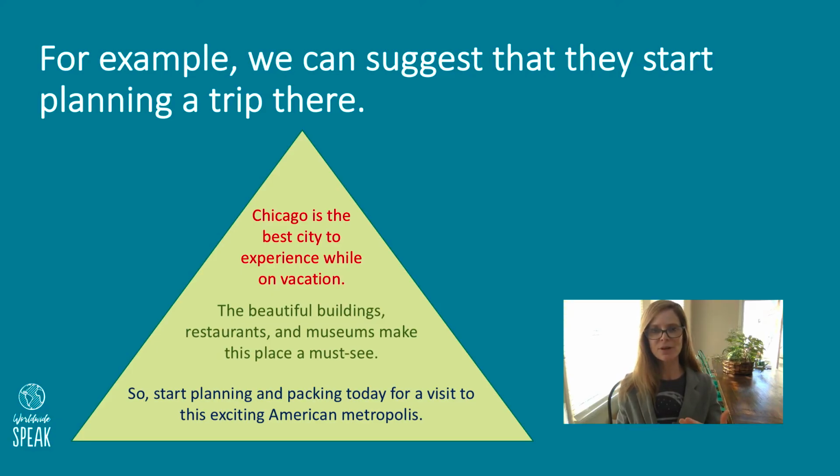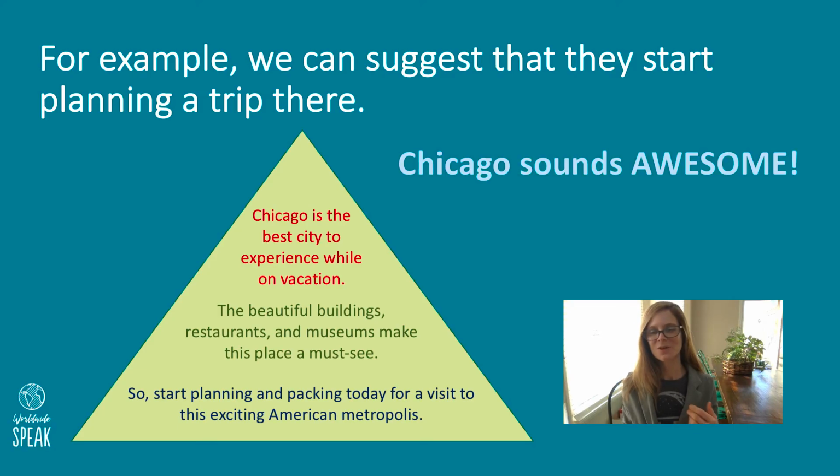They might never plan a trip to Chicago or even go to Chicago, but I bet the person reading your essay is going to start thinking about Chicago and be open to the possibility of visiting there one day. They're going to think, oh, Chicago sounds awesome. I want to go there.